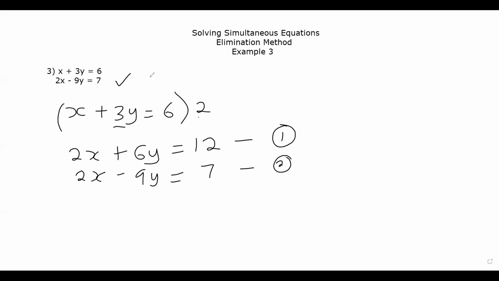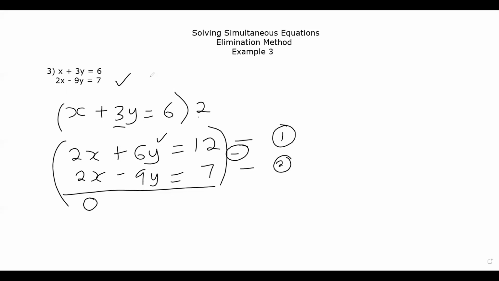In this case, we need to subtract the whole equation, because when I subtract 2x from 2x, I get 0, and therefore we've eliminated that. So 2x minus 2x gives me 0. And then I also need to subtract 6y minus negative 9y. Notice you need to be very, very careful, because this is a negative value and you're also subtracting.